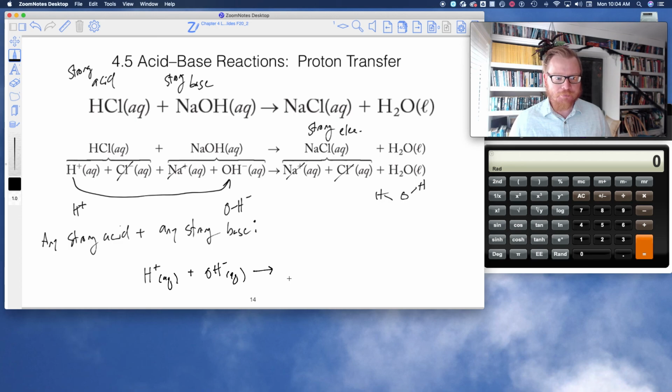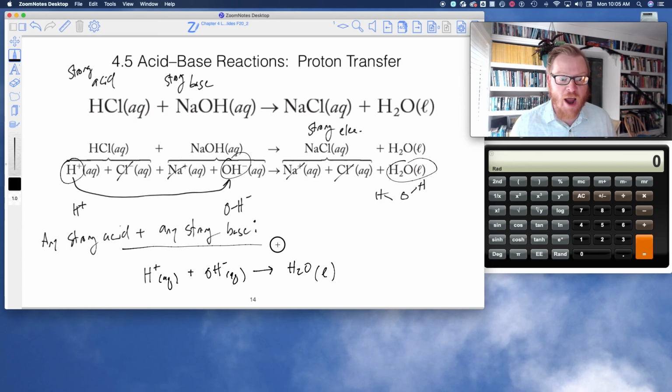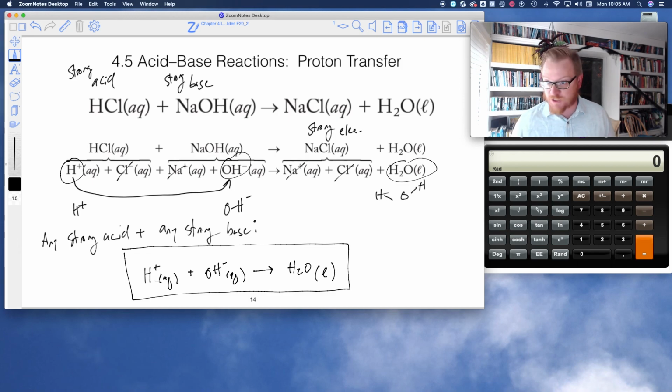Okay? But any strong acid with any strong base can be abbreviated by writing H+ plus OH- to make H2O liquid, and keep track of your phases. H+ is aqueous because it's charged. Hydroxide is aqueous because it's charged. And water is always a liquid unless it's a solid or a gas.